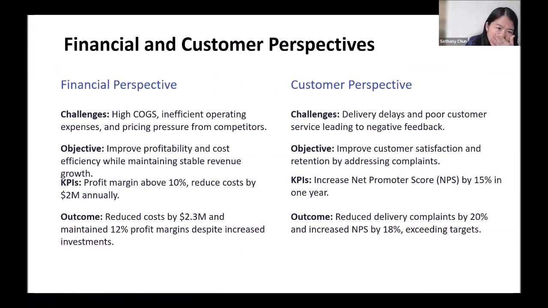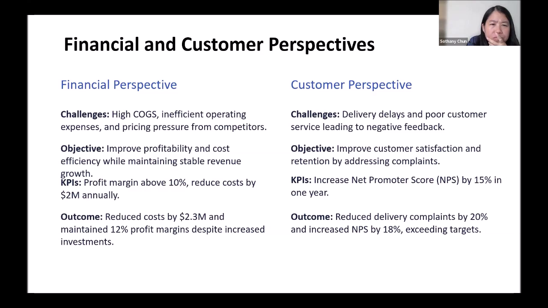The rising competition means competitors were offering better products or service at a competitive price. And there are 3 problems. Problem 1 is the high cost of goods, and problem 2 is the inefficiency in operating expense.